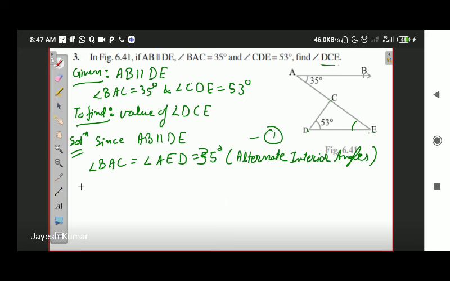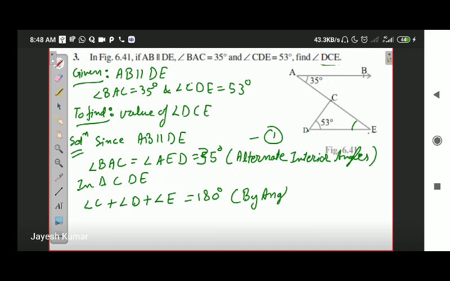After that, in triangle CDE, angle C plus angle D plus angle E are all equal to 180 degrees, by angle sum property of triangles.